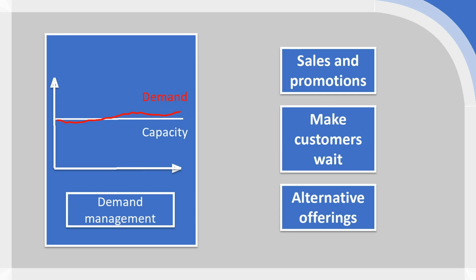Similarly, you'll also see that promotions tend to be quite common during traditionally quiet periods. So whether it's restaurants offering promotions during Monday to Wednesday, which are traditionally the quietest periods to go and eat out in a restaurant, again, that would very much be aimed at stimulating demand.